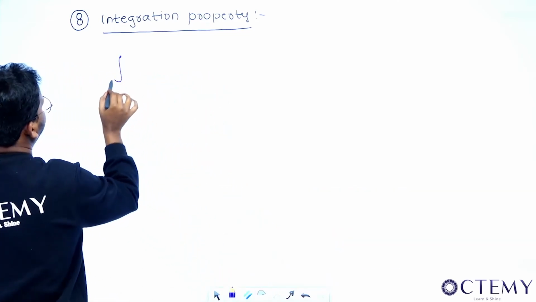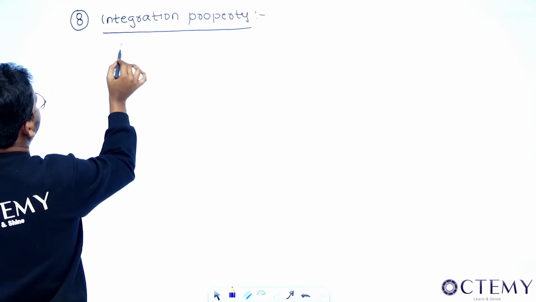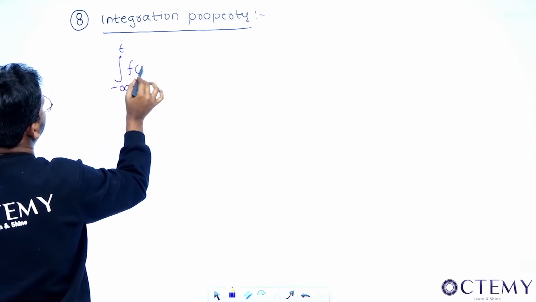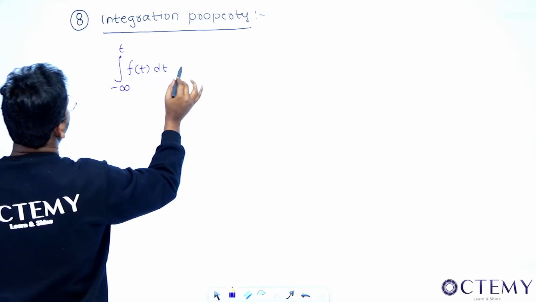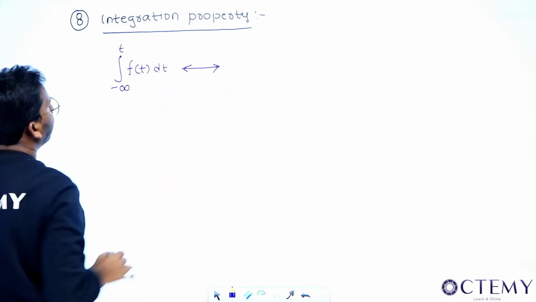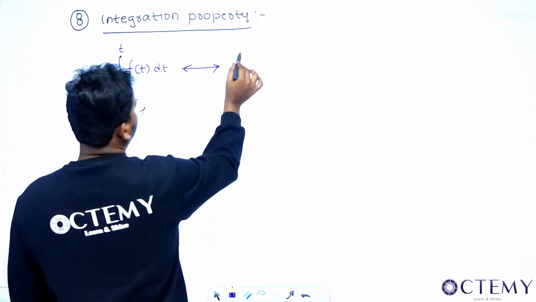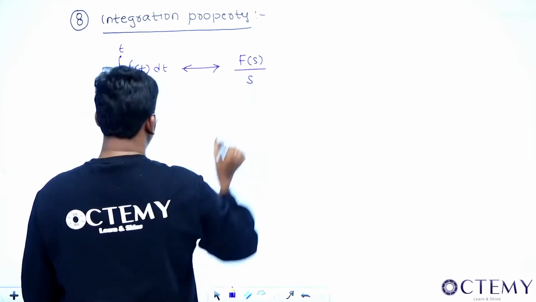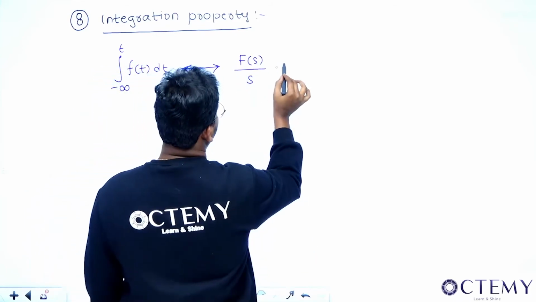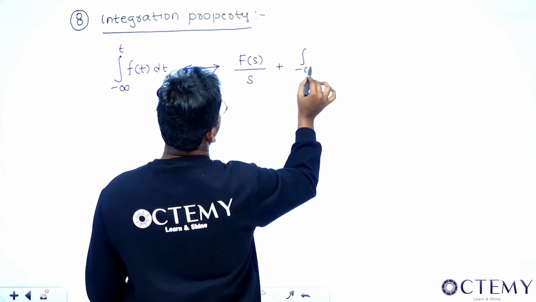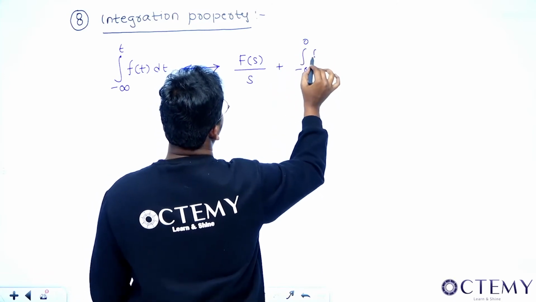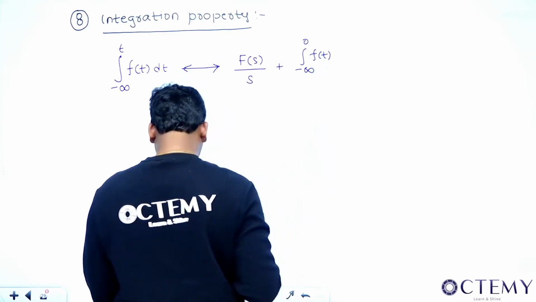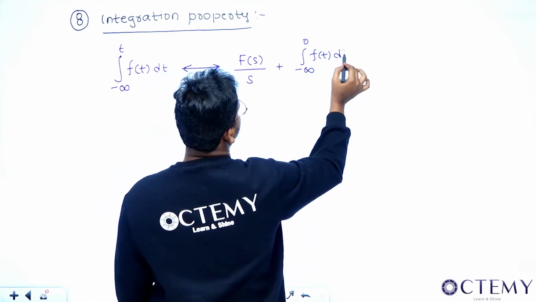If you integrate from minus infinity to t of f(t) dt, the Laplace of it will become capital F of s divided by s, plus the integral from minus infinity to 0 of f(t) dt divided by s.